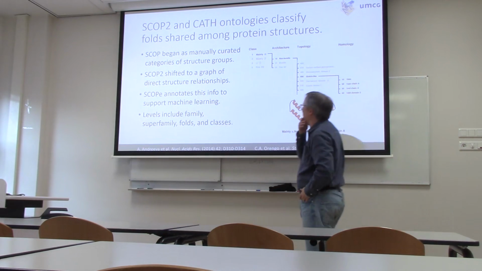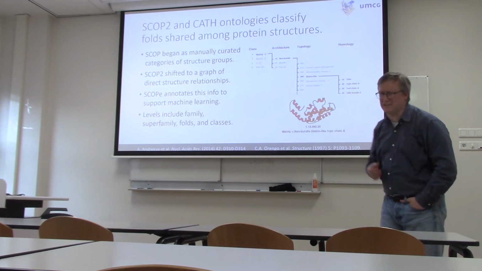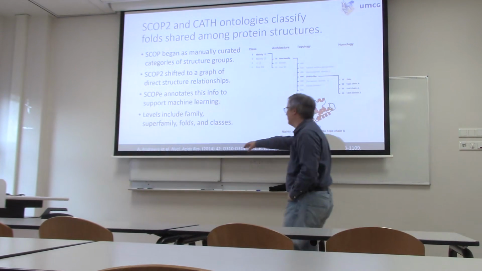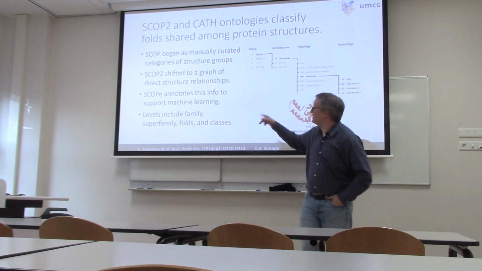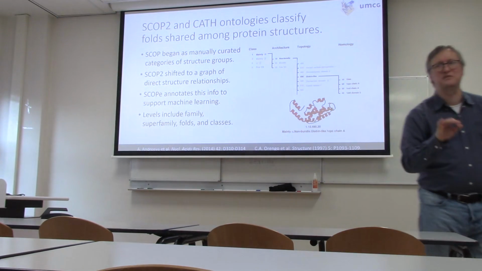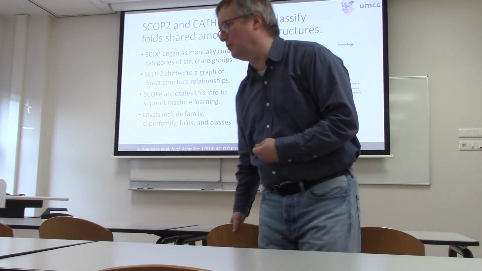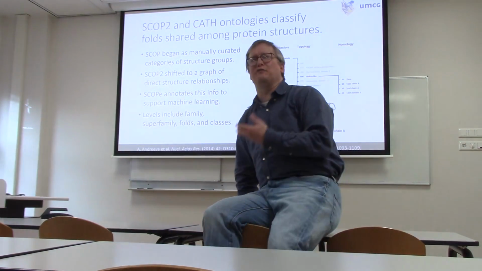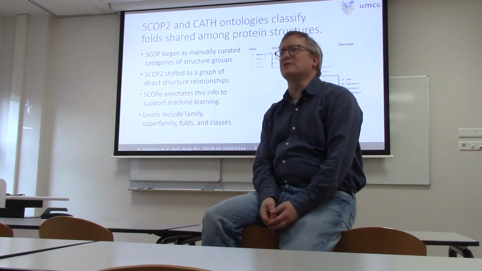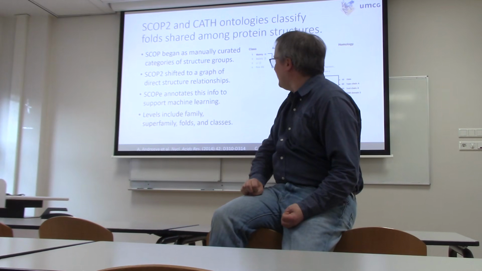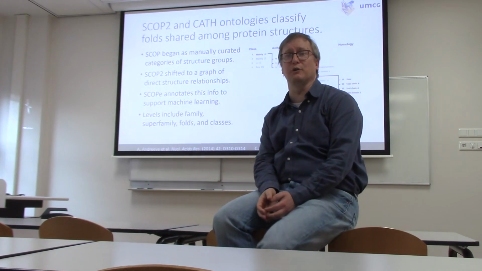Now over here at the left, we have SCOP, and this is not the first publication for SCOP in 2014. They were published much earlier than that. But I thought this was important because they represent changing paradigms in how biological information gets classified. So we start with its origin as manually curated categories of structure groups.